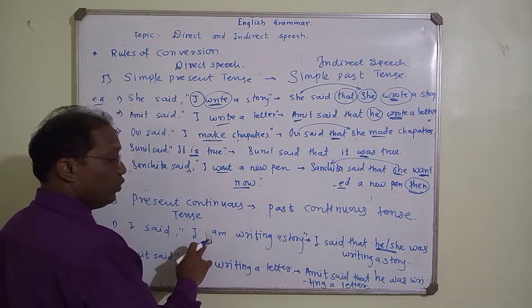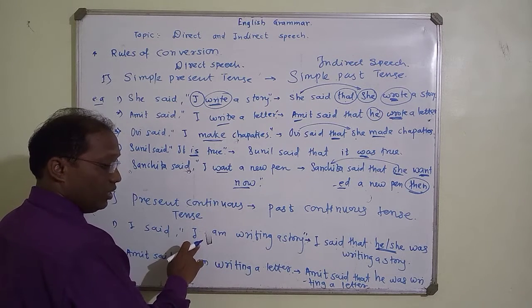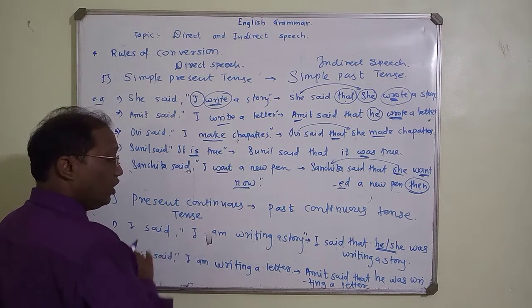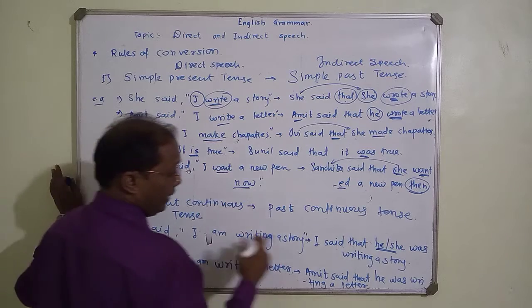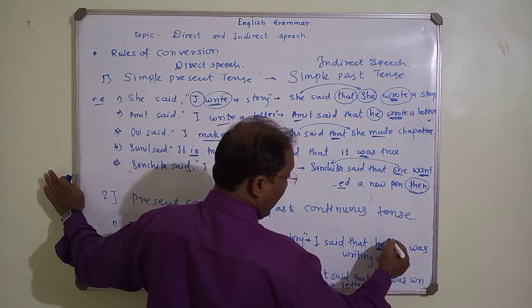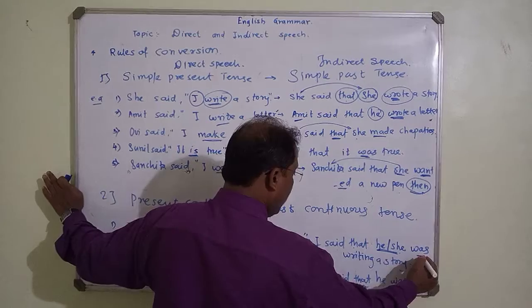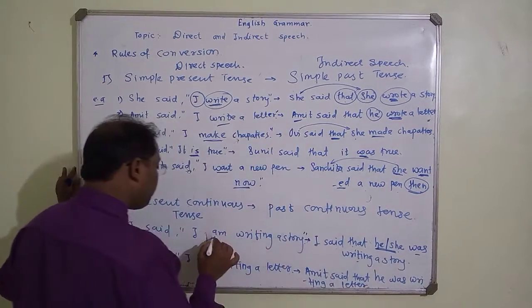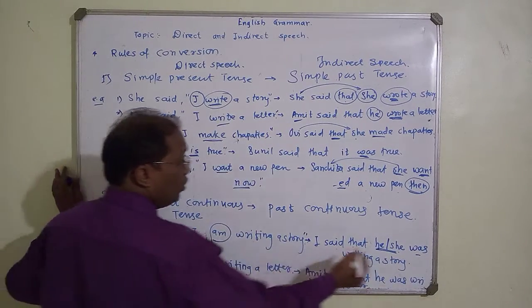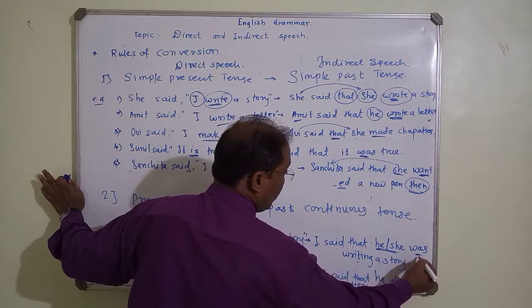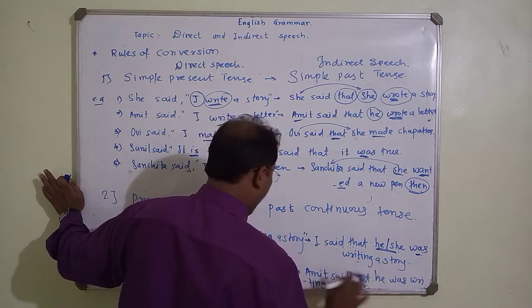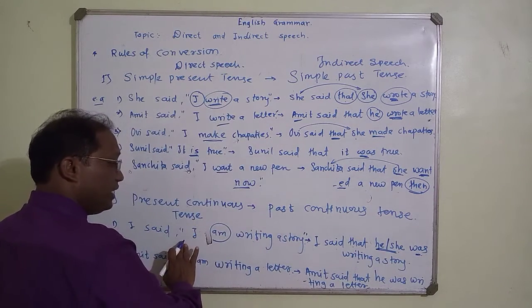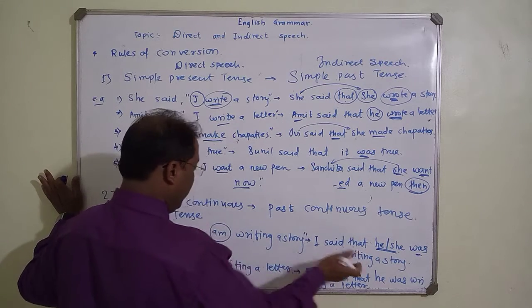We don't know who the speaker is. Otherwise he, otherwise she. So we use he or she: was writing a story. "Am" is converted into "was," the past form of the be verb, then "writing a story" as it is. Present continuous tense is converted into past continuous tense.